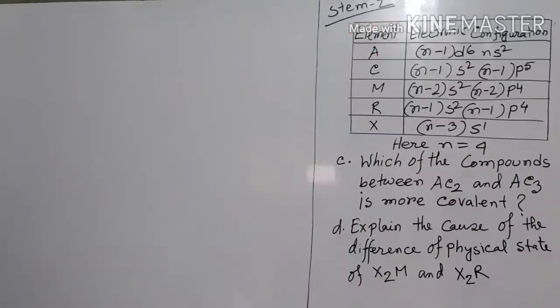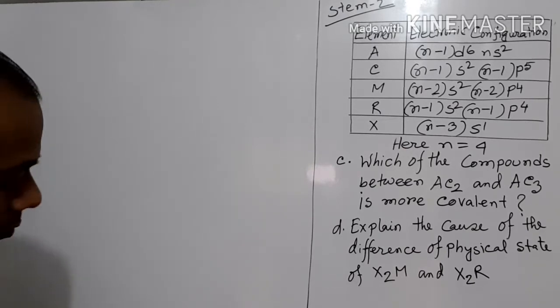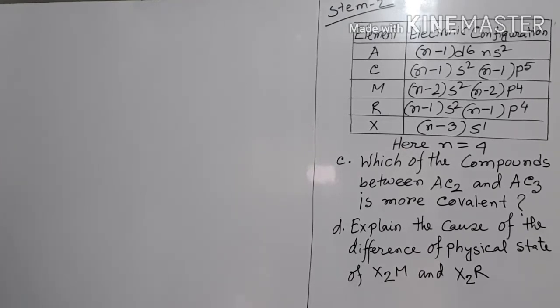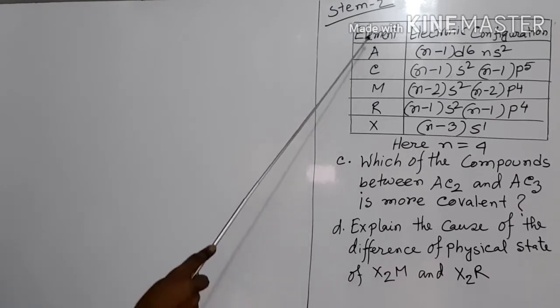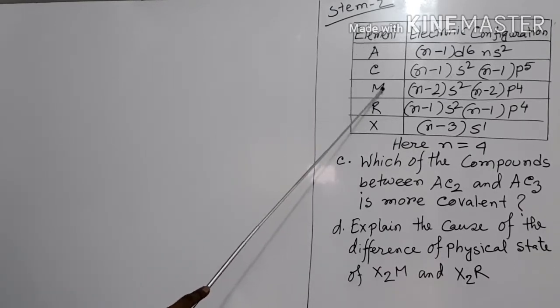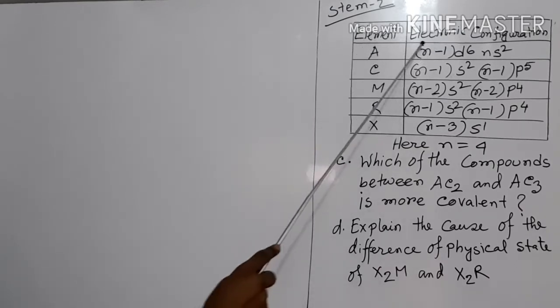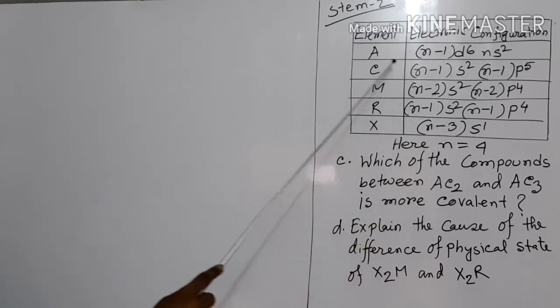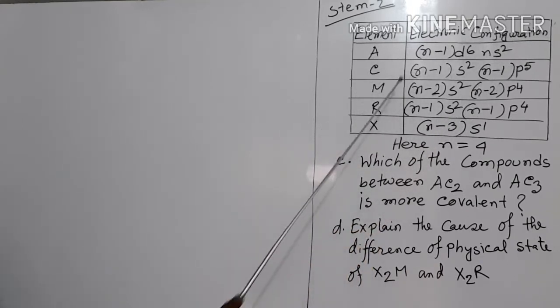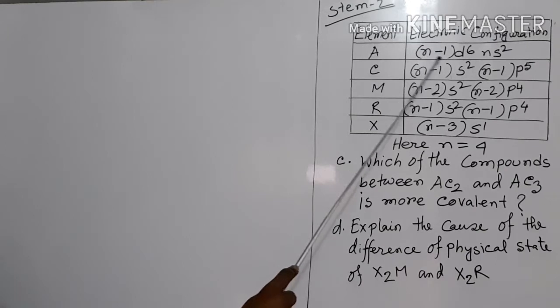Okay, dear students, here is the given stem 2. Here, these are elements A, C, M, R, X and the electronic configuration of the first element is (n-1)d6 ns2. Here n equals 4.